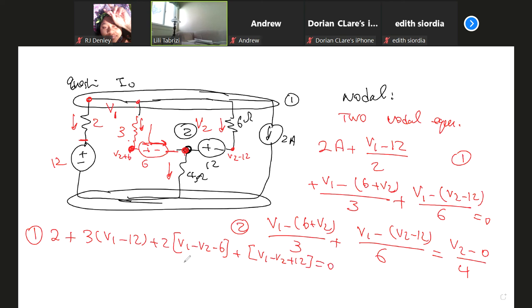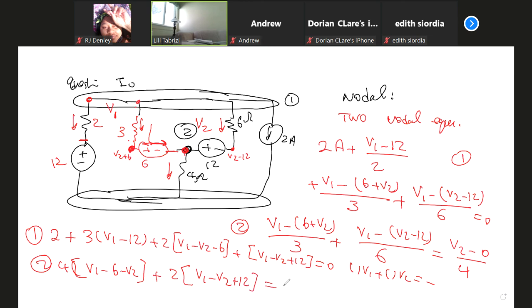Then you group V1 together, V2 together, and get V1 plus V2 equal to something. Equation 2 multiplied by 12 gives 4 times (V1 minus V2 plus 6) plus 2 times (V1 minus V2 minus 12) equal to 3V2. Again, you write it as V1 plus V2 equal to something. Use Cramer's method or substitution, and from nodal you find V1 and V2.